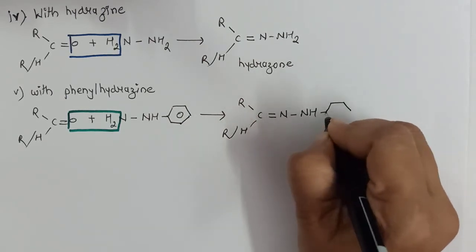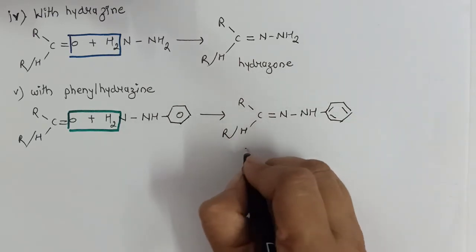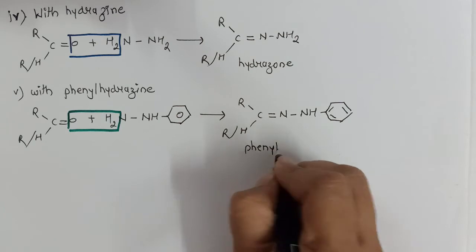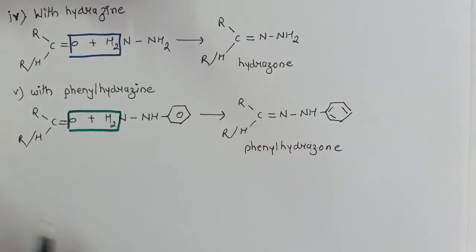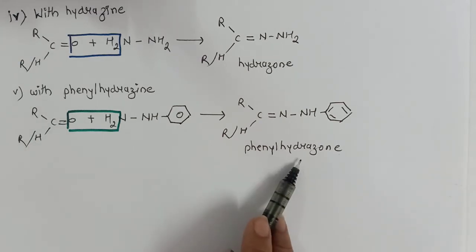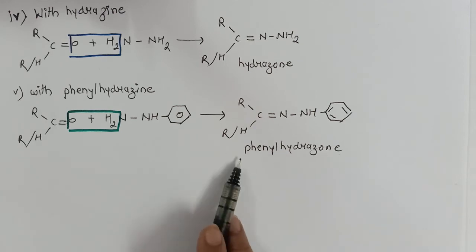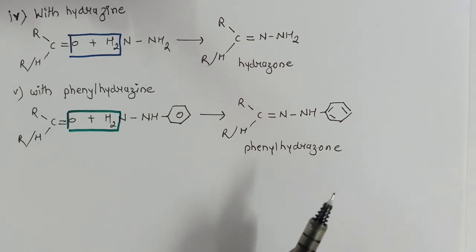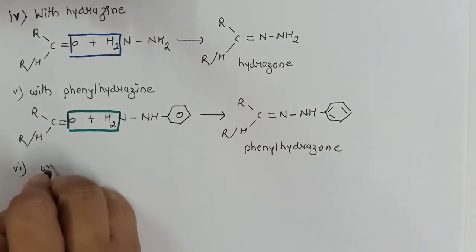And this addition product is known as phenylhydrazone. Suppose I have taken here propanone, then this product will be called as acetone phenylhydrazone, or I will say phenylhydrazone derivative of acetone.